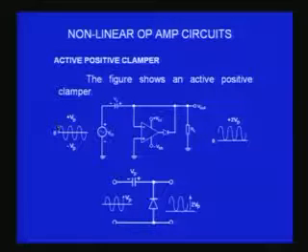I can take it all the way to the top, then I have clamped at the peak positive point and the entire voltage is only negative, or I can bring this line to the bottom and clamp it at this point at the bottom, so that the entire voltage is positive. It is clamped at the lower point, so the whole thing is positive. So you can do either positive clamping or negative clamping, and the circuit is again very simple.